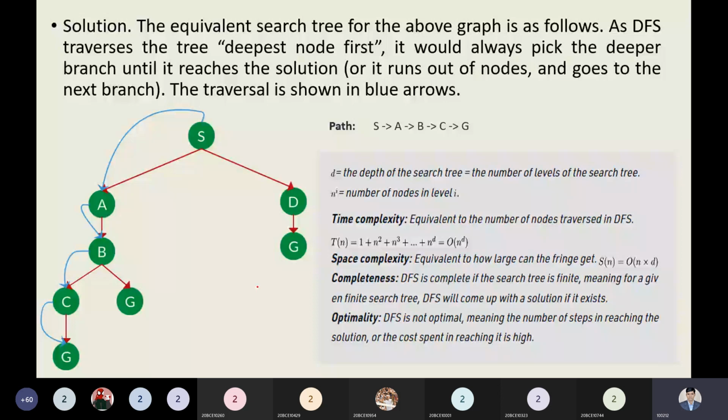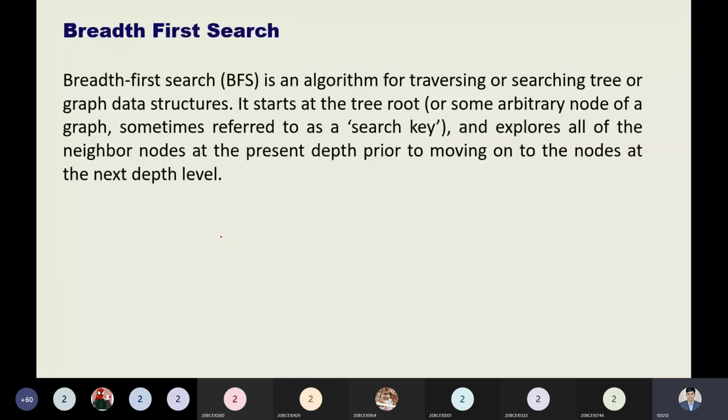After this point, we have breadth-first search. Let us explore some theory points here. Breadth-first search is an algorithm for traversing or searching a tree or graph data structure as well. It starts at the tree root, or some arbitrary node, sometimes used as a search key, and explores all the neighbor nodes at the present depth prior to moving on to the nodes at the next depth level.